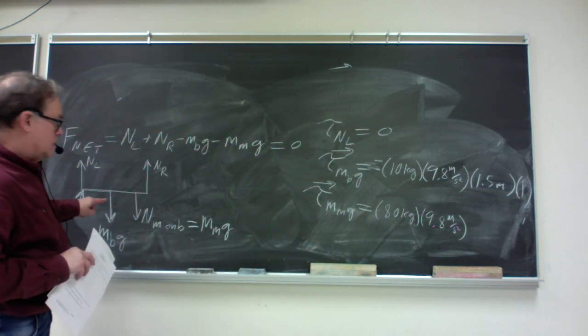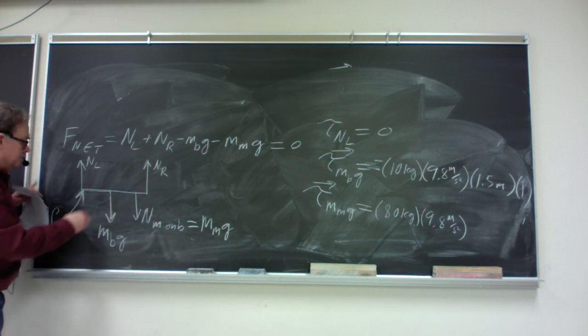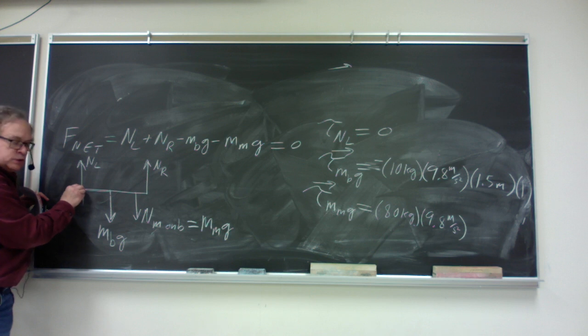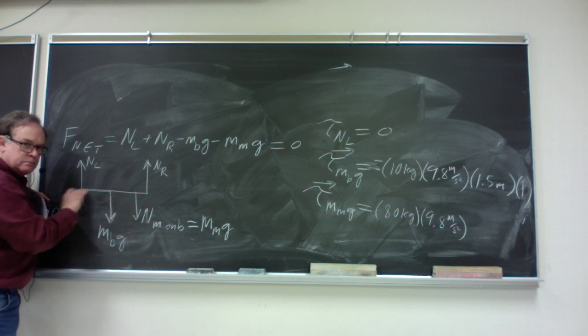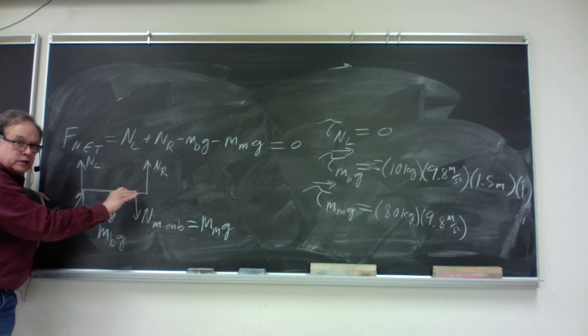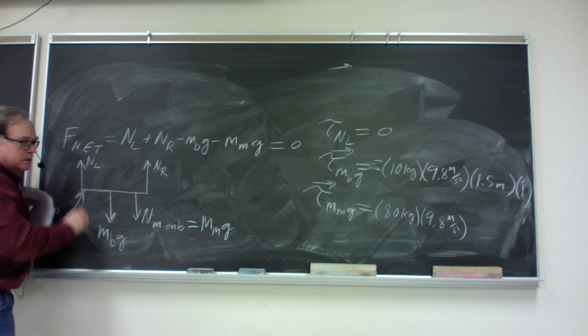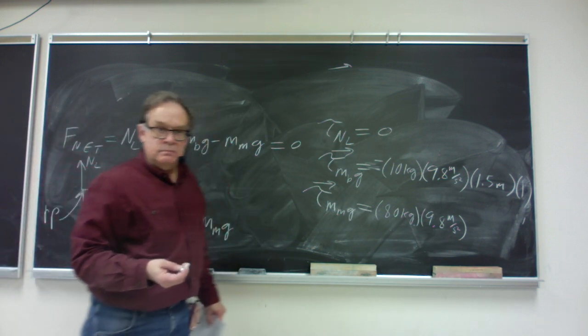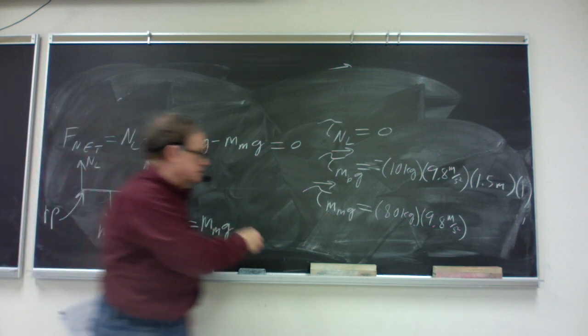And then the next factor is the size of the displacement vector. The displacement takes us from the reference point to where this force is acting. I'm 2/3 of the way across the board. The board is 3 meters long. I'm 2 meters away from the left end. So the displacement has a magnitude of 2 meters.